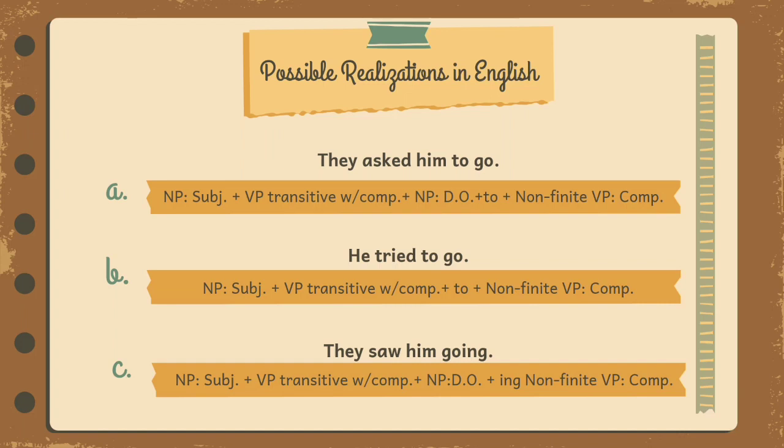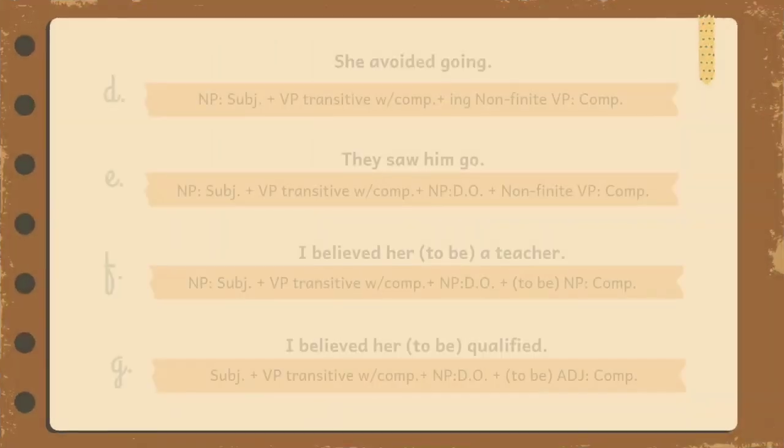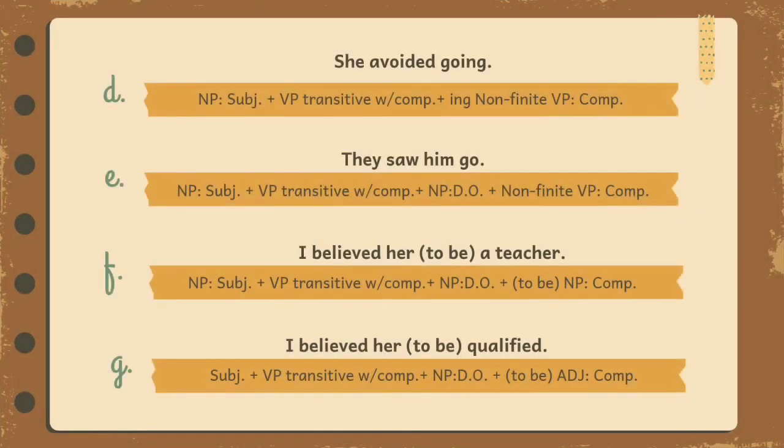C. "They saw him going." Now we drop the to infinitive and replace it with an ing form of the verb phrase as complement. So, noun phrase as subject, verb phrase transitive with complement, noun phrase as direct object, and finally, an ing non-finite verb phrase as a complement. D. "She avoided going."